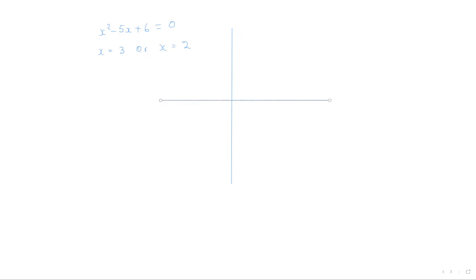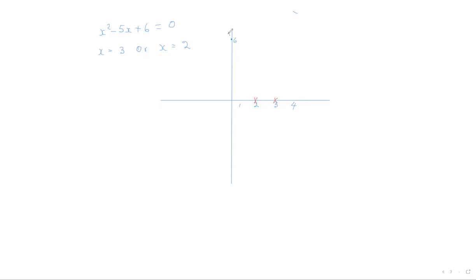And we will have the y-intercept will be 6 there. And then we have 1 here, 2 there, 3 there, 4. And we agree that the roots will be 2 and 3.